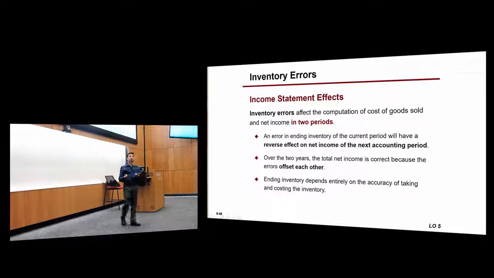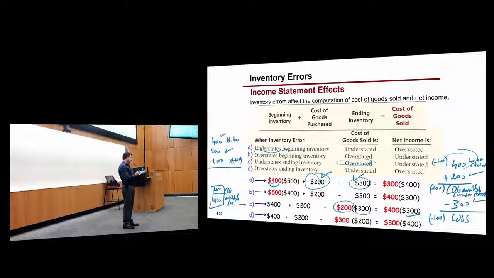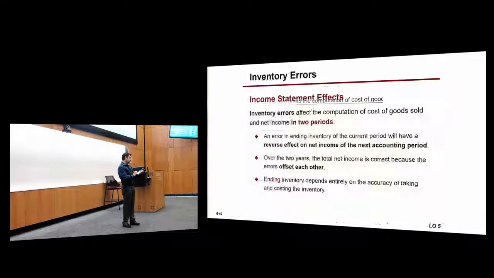So it will be carried over, because at this time it will have an opposite effect on net income. Beginning inventory will be the opposite of the ending inventory, for the reason that we mentioned before. Any questions about this? I know you might think of it as a little bit confusing now. When you read it later on at home, you will find that it is very simple.